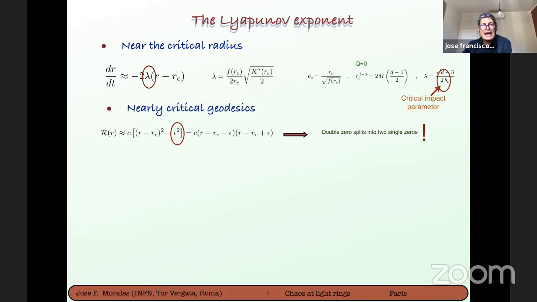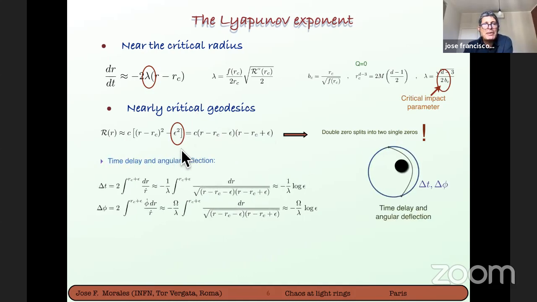What we are interested in are geodesics which are slightly above this critical value. Therefore, the double zero splits into two single zeros, very close to each other. What happens is that you can compute, in this case, the turning point is at a very small distance epsilon from the photon sphere. You can compute the time delay and the angular deflection, and they diverge logarithmically with the distance from the critical point.